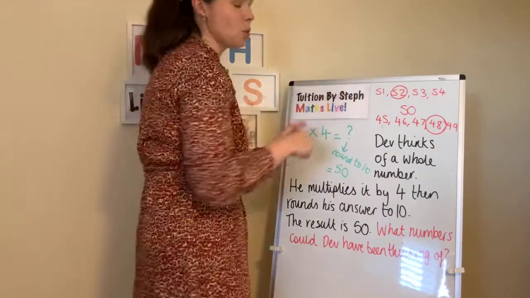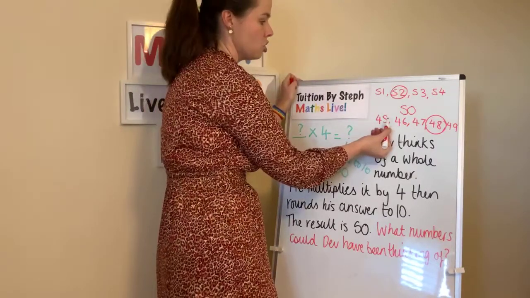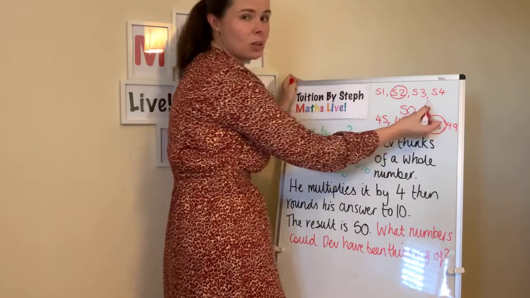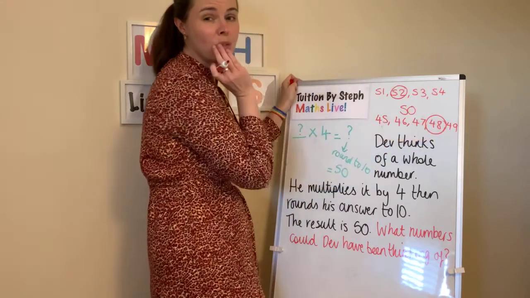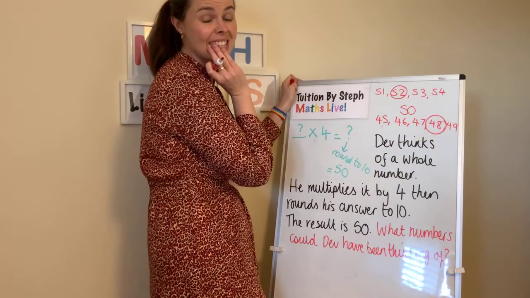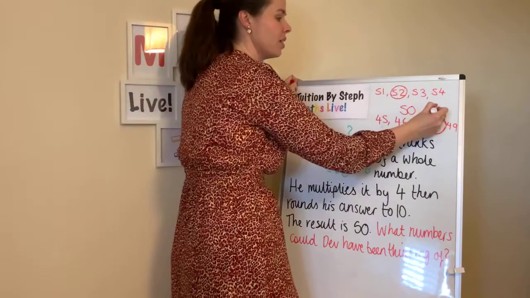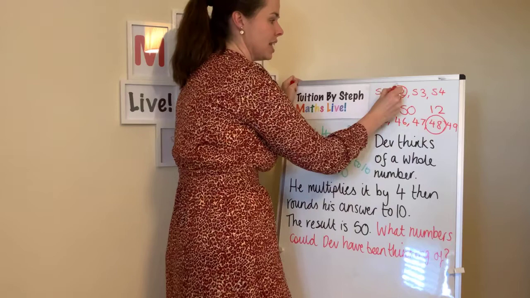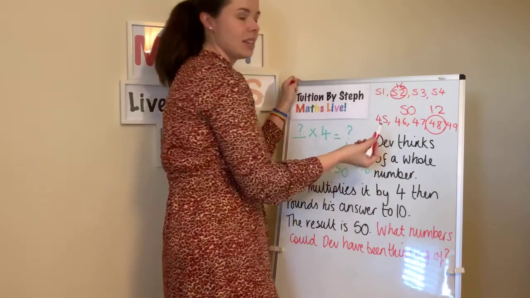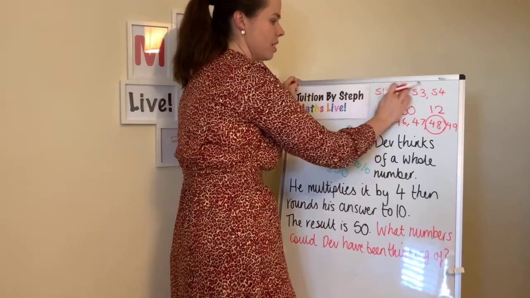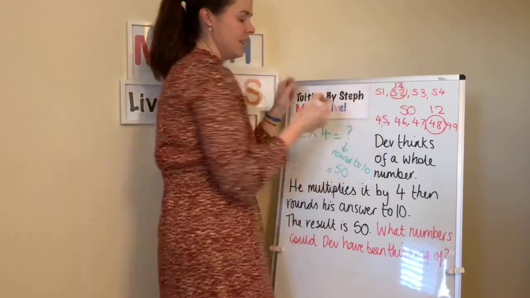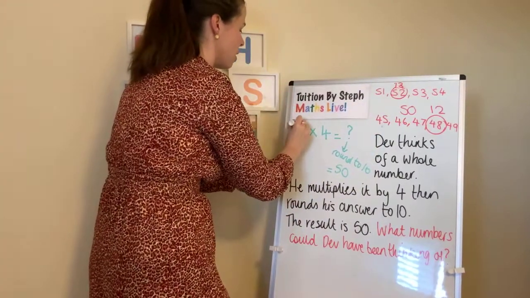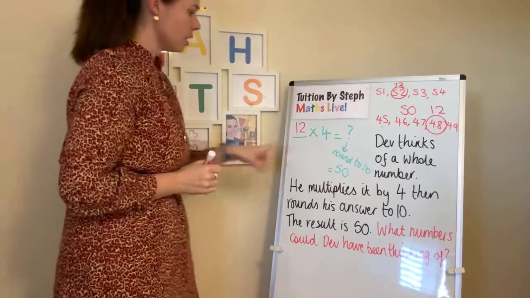So what part of the times table is that? You've got 48, so how many 4s are in 48? Can you say it out loud? 12. And then you've got 13. Okay, so we test it. 12 times 4 is 48.